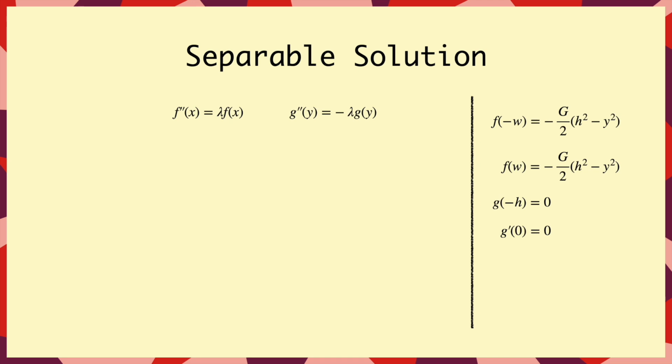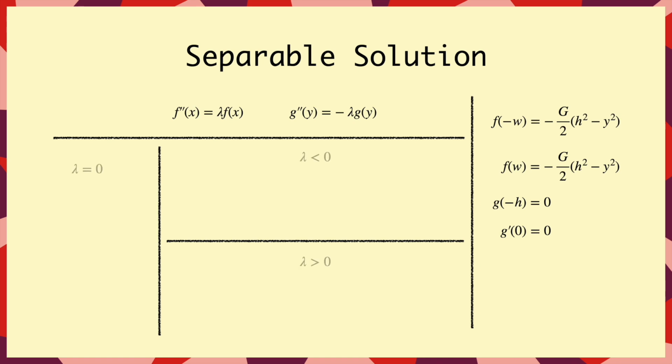And now we're ready to solve our pair of equations, but that will depend on the value of lambda. Specifically, we've got three cases. Lambda is 0, lambda is less than 0, or lambda is greater than 0. Let's start off with the simplest case when lambda equals 0. Then we just have that f and g are both linear functions, and we need to figure out the constants.